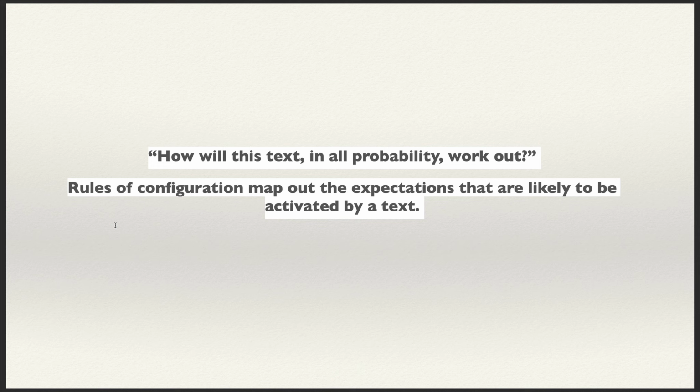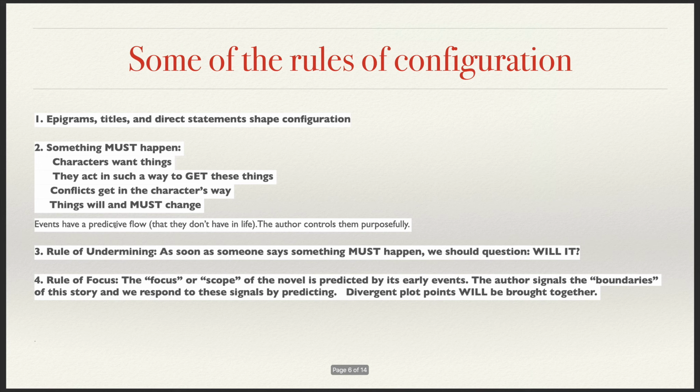Now, it helped that the PBS series was called Masterpiece Mystery. If it had just been a Masterpiece movie or series, I might not have thought that. But the fact that it was Masterpiece Mystery made me know that nefarious and unexpected things were going to happen. And that's exactly what happened. So my prediction was activated by the text that I was watching, but also by my experiences with other texts.